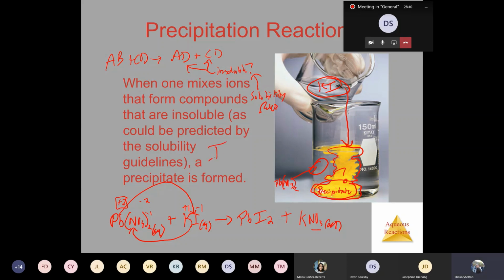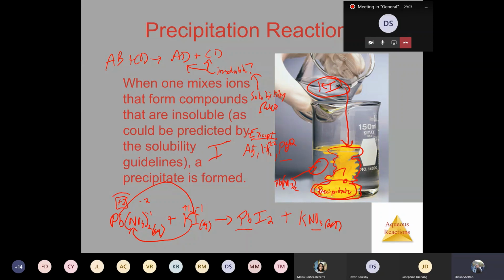Now we look up the PbI2. We find the I- on the solubility rules, and we look to see if there are any exceptions to it. There are 3: silver, mercury, and Pb +2. I come back down here and look, so I've got Pb, that is an exception, but make sure that its charge is +2.